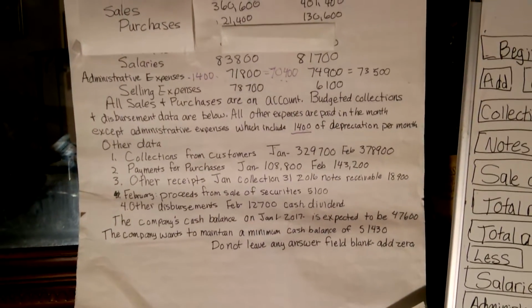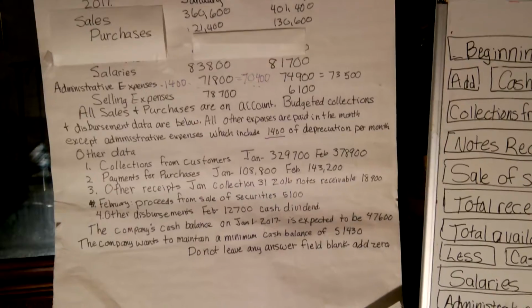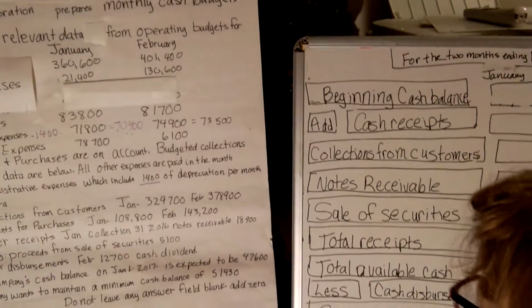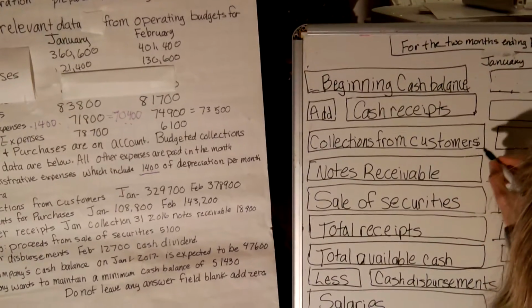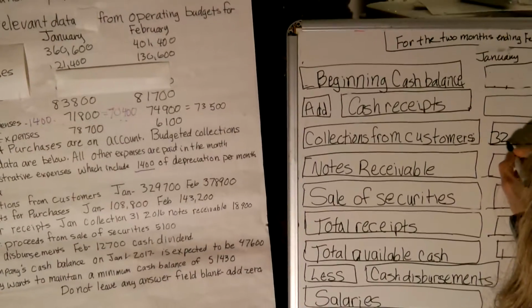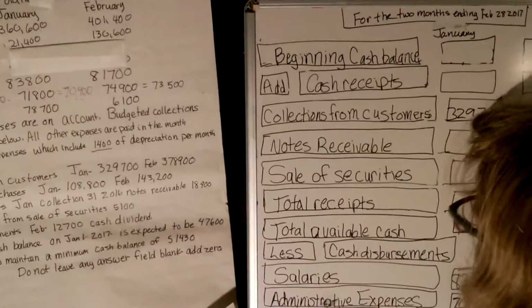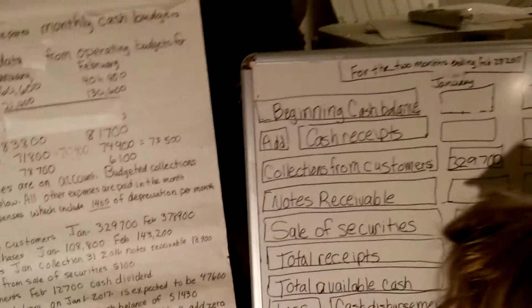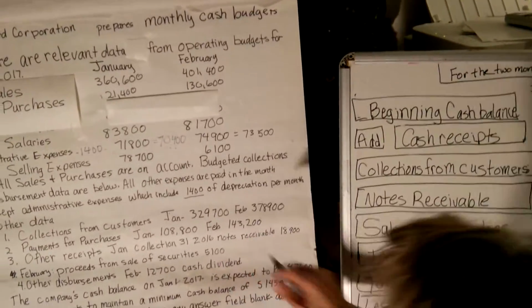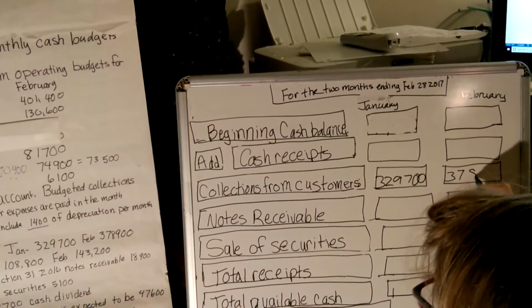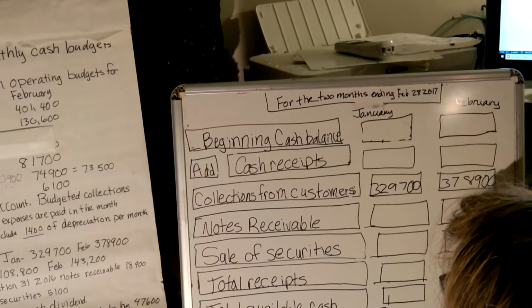So we go up here to collections from customers and put 329,700. And then February is 378,900.